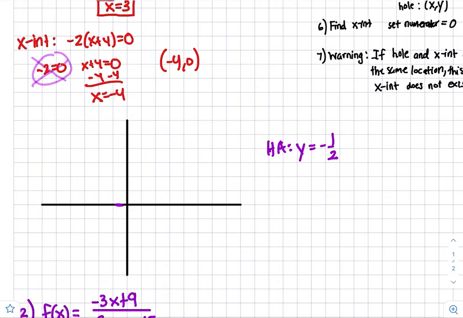And since it's a horizontal asymptote, that's not where x is equal to -1/2. Here is where y is equal to -1/2. Since it's a horizontal asymptote, we have our horizontal asymptote right there. It's going to be a horizontal dotted line.